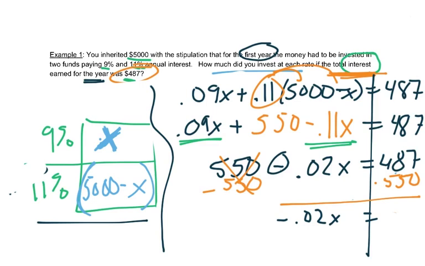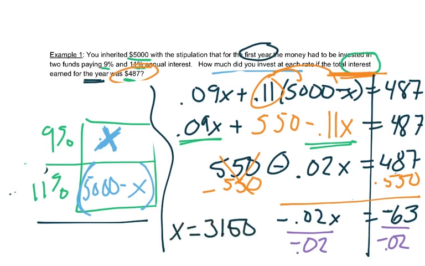And 487 minus 550 is negative 63. And then I would divide both sides by negative 0.02. And when I do that, I get x is equal to 3150.